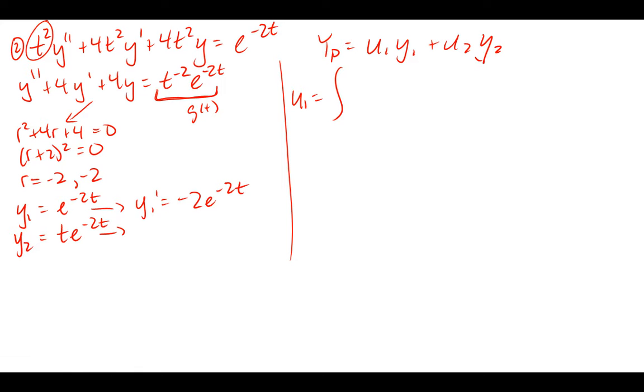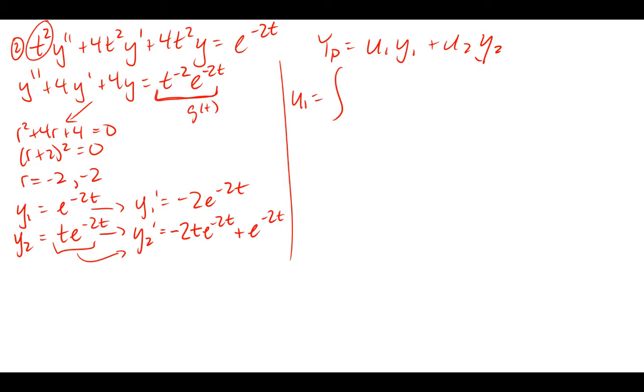Unfortunately, in this one, the derivative of the second solution is a product, which means I will need to use the product rule, which is going to make this a little bit uglier. But I wanted to do a bad one so that you can see that it still turns out okay, but it's a little more unpleasant. So that's negative 2t e to the negative 2t plus e to the negative 2t. It's not tragic, but I have to make sure I do the product rule.